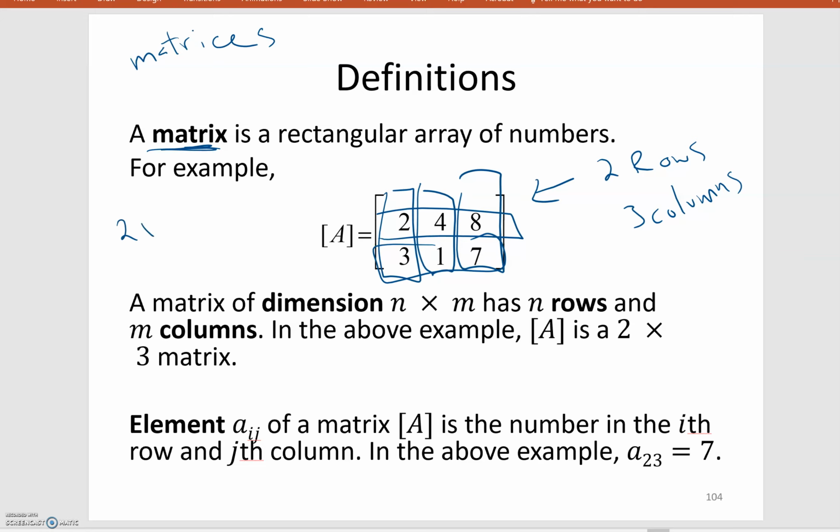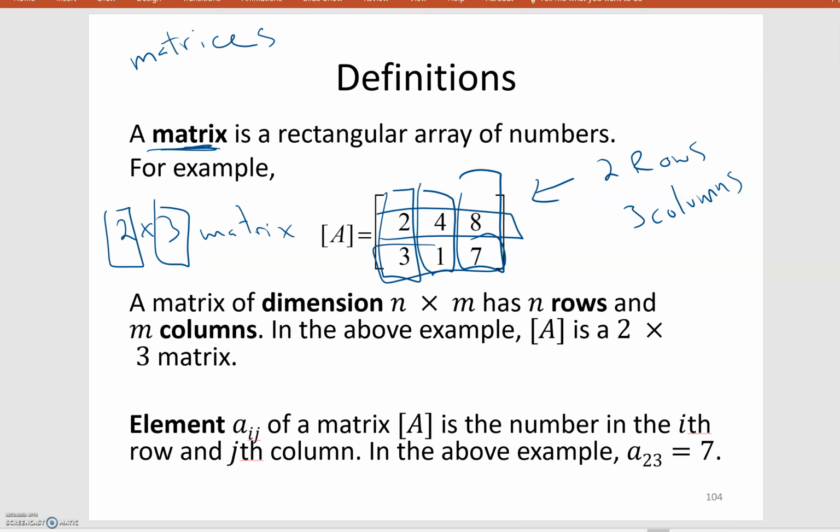So this is a 2x3 matrix. A 2x3 matrix. That means rows first, then columns. So remember when we're talking about this that the order of when you're stating the dimension, the order is first rows, then columns. Okay. So as I said, 2x3 matrix.